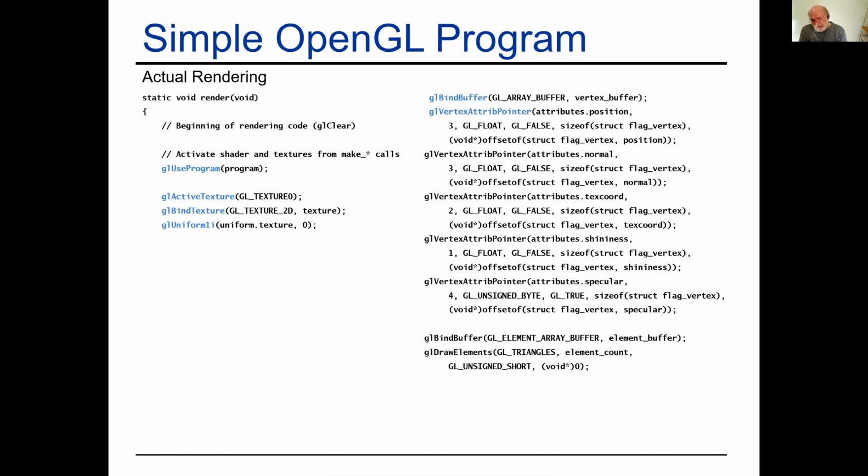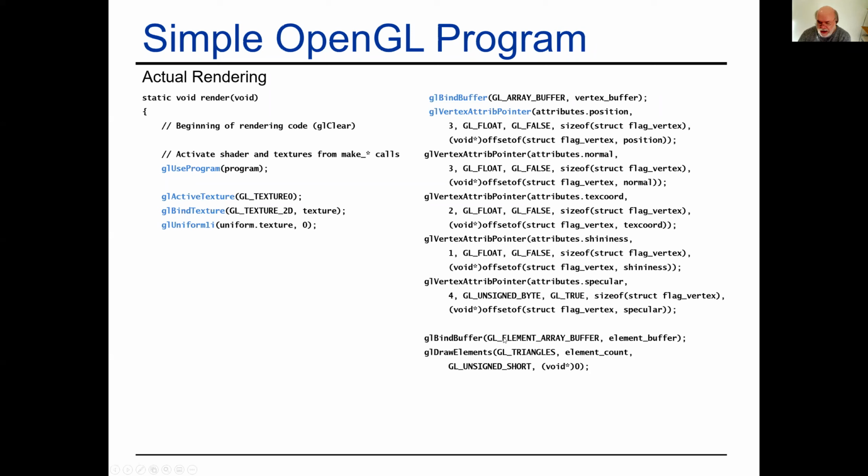So you have the vertex position, the color and the texture coordinate, all interleaved in one single array. And we do the same thing for the normal information, for the texture information, for the shininess and the specular information. Then we bind the element buffer to the GL_ELEMENT_ARRAY_BUFFER.